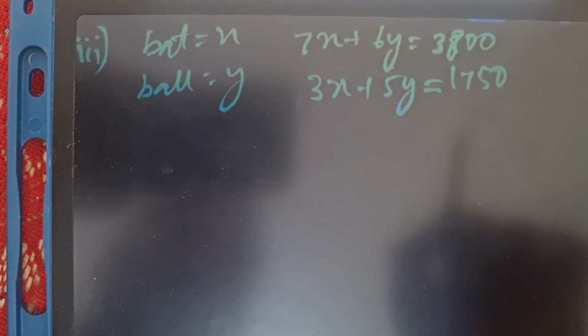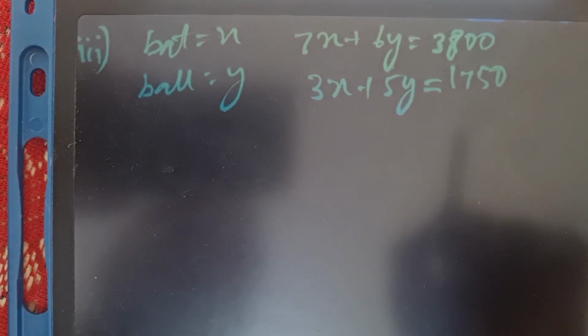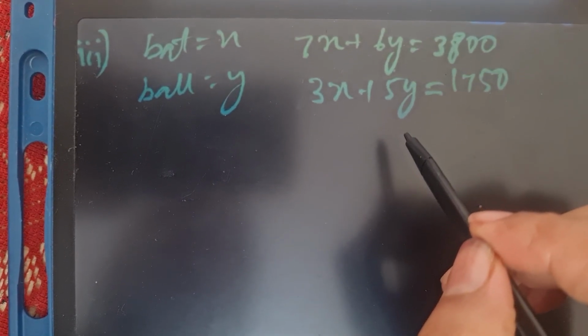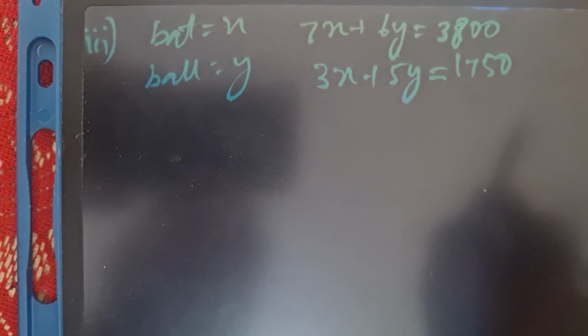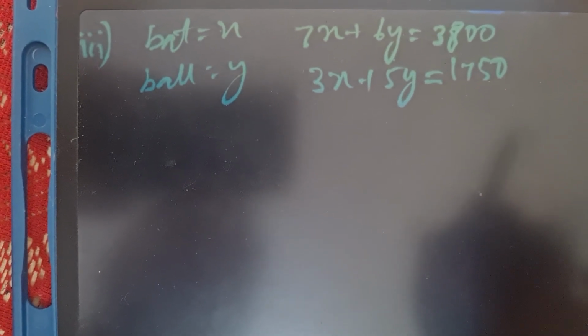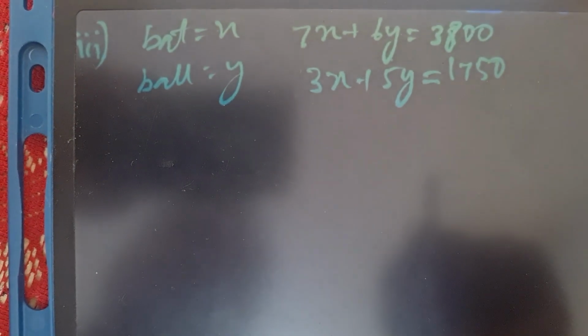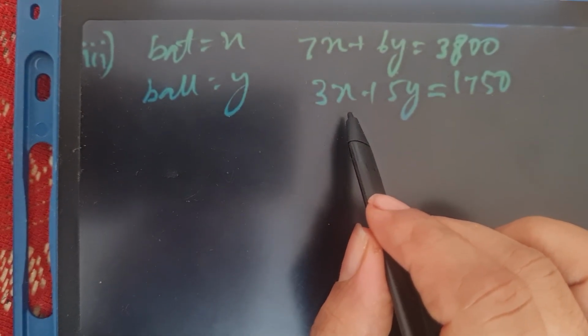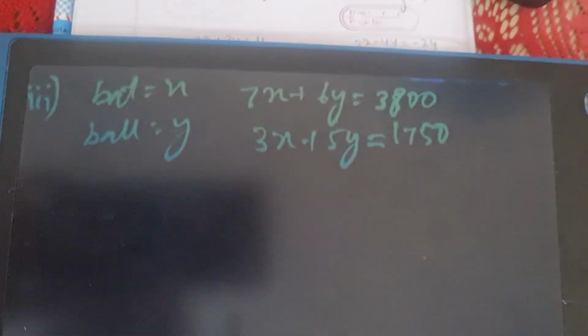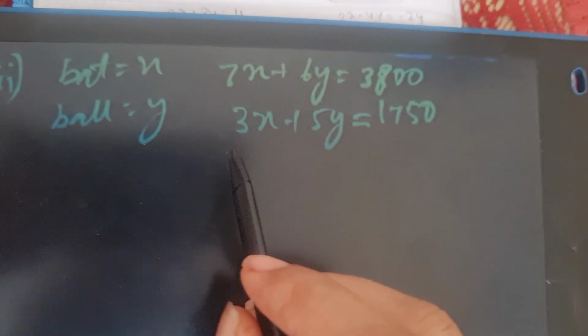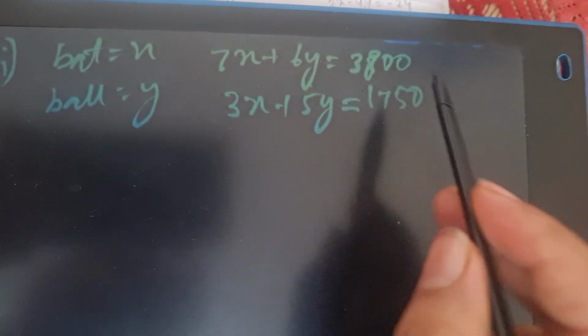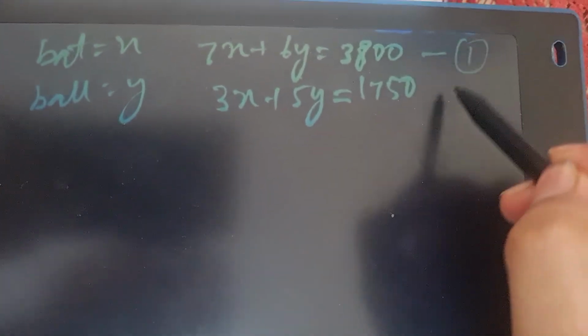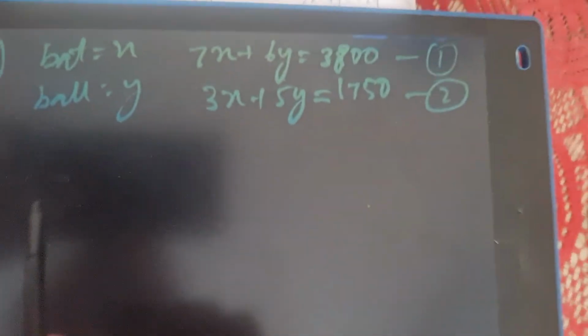So we have to use the substitution method. So how should we proceed? Here 7x plus 6y is the first equation and this is the second equation. I have named these two equations.